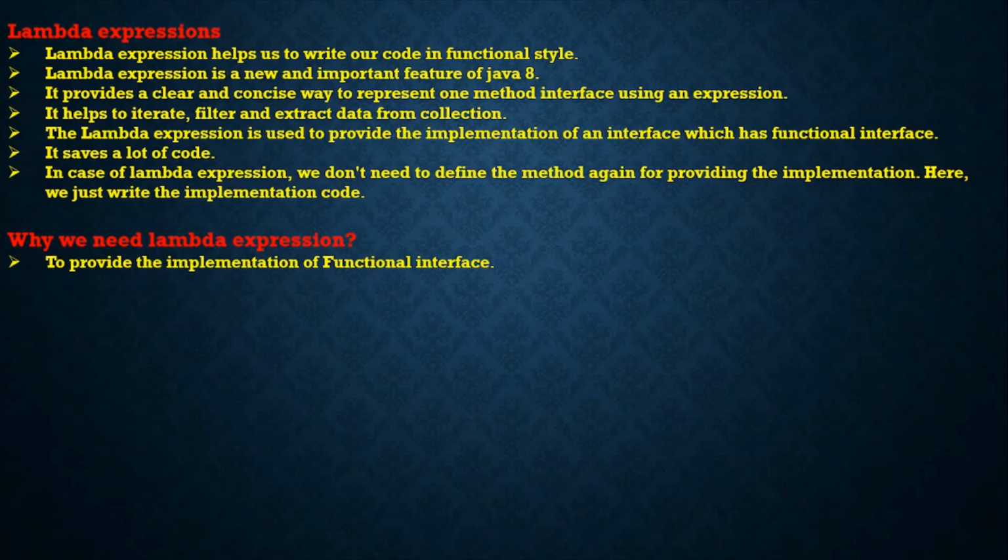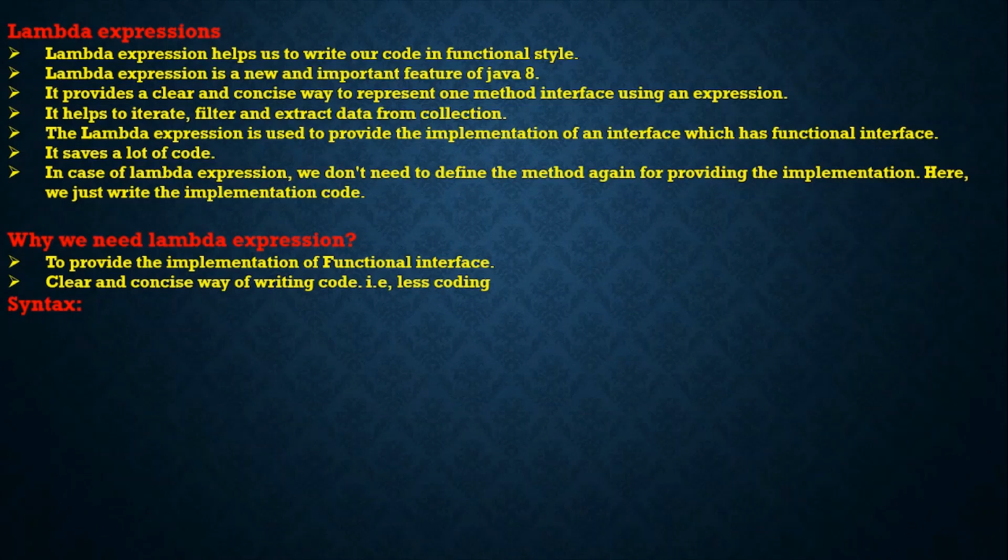That is the first point. The second point is that by using lambda, we make our code clean, understandable and concise. So it gives a clear and concise way of writing code. That's the reason we are going for lambda expression.